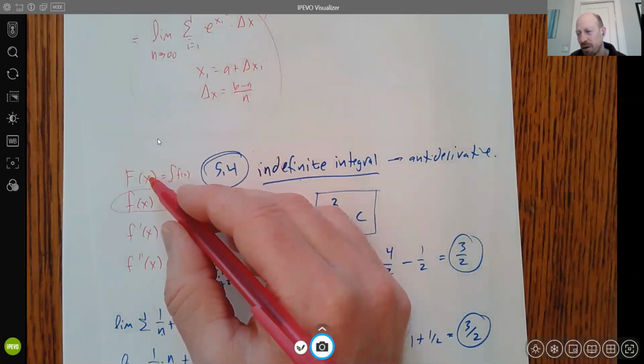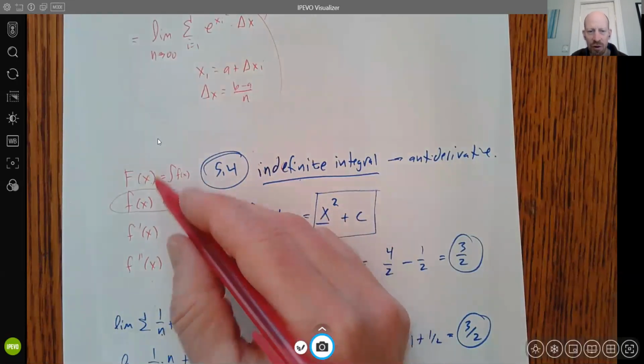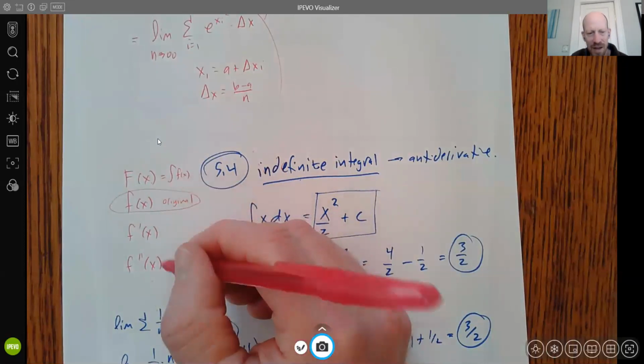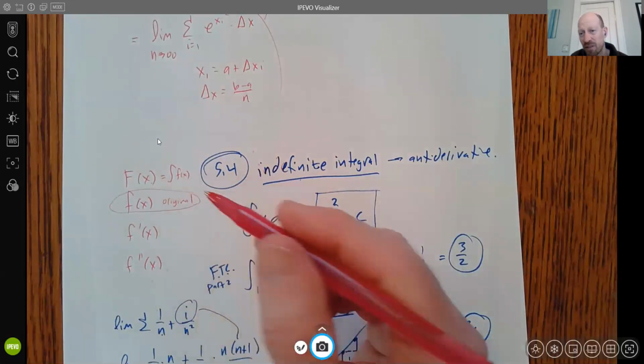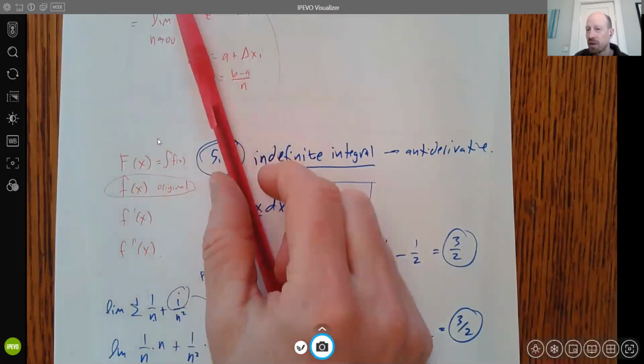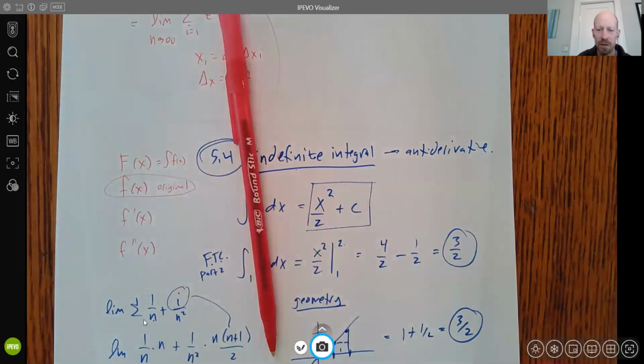It's not a rule necessarily, like maybe if you studied it in a different language, they might use some other symbol or notation, but it's common. In the same way, we can think of the derivative kind of moving us down and the antiderivative moving us up. So that's all this was trying to illustrate here. Sure. Okay. Thank you. You're welcome.